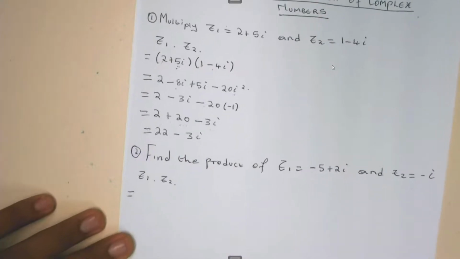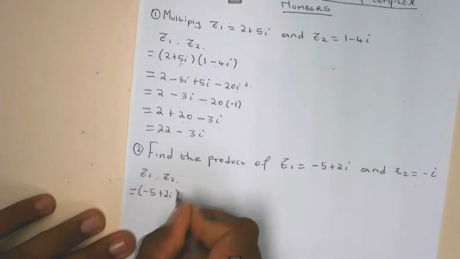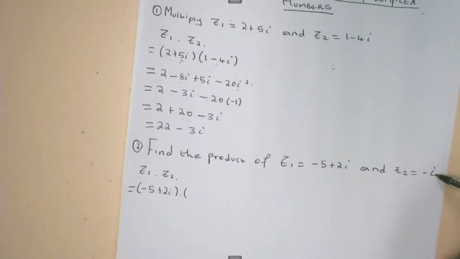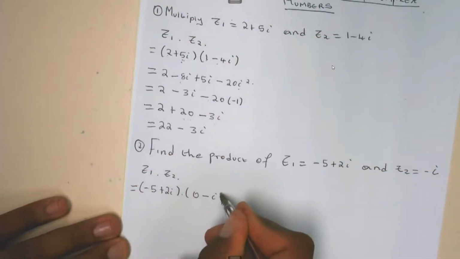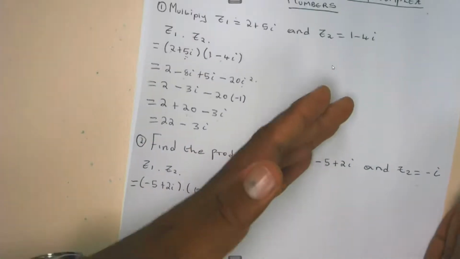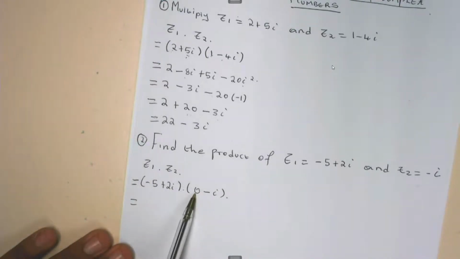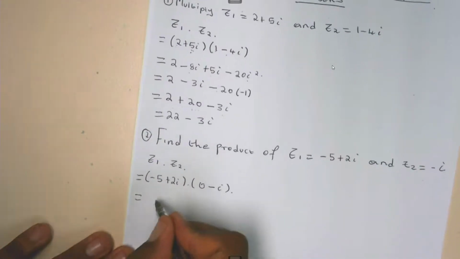And then we're going to do this. Z1, it's minus 5 plus 2i, multiplied by Z2. We only have what? The imaginary part, which is minus i. So what will be our real part? It will be 0 minus i. Remember, it's a number. So if it's not written there, it simply means it's there. So we multiply: minus 5 multiplied by 0 is 0.